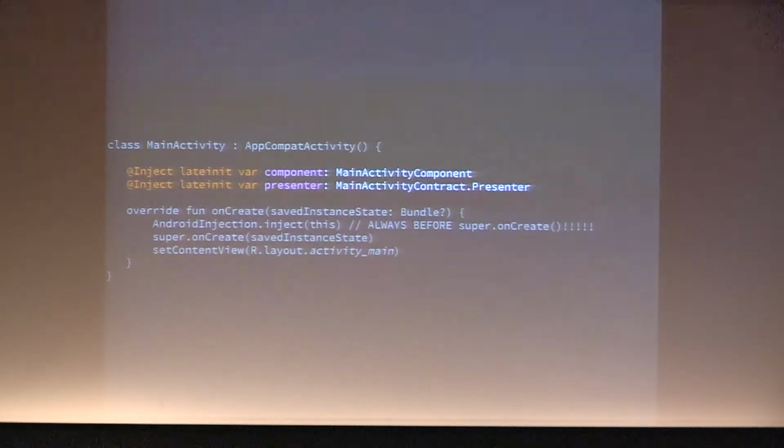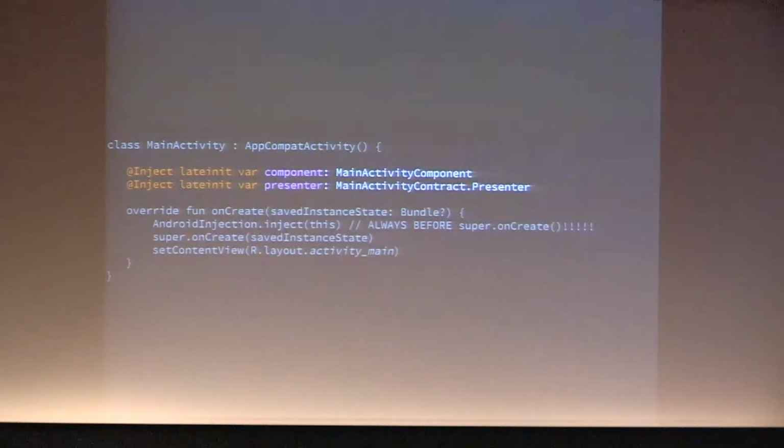So nothing fancy. Also, I want to clarify something. I saw a talk where the speaker was recommending to use the onRetainNonConfigurationInstance method to actually save the components to reuse them when the activity is recreated, so after a rotation or configuration change.